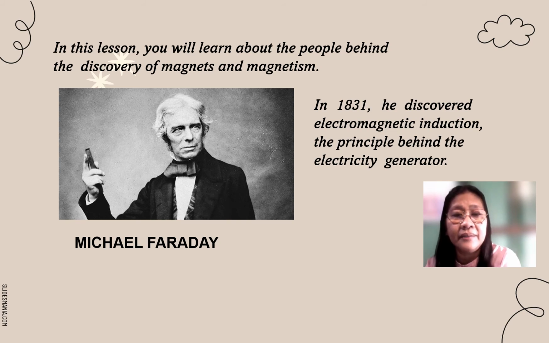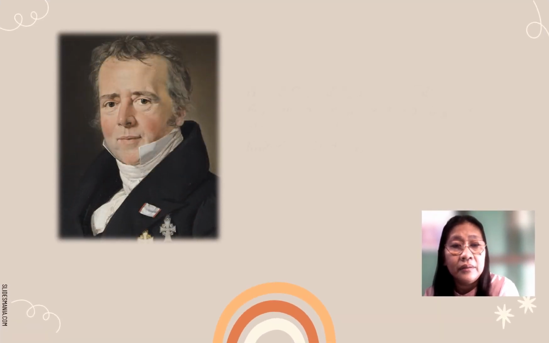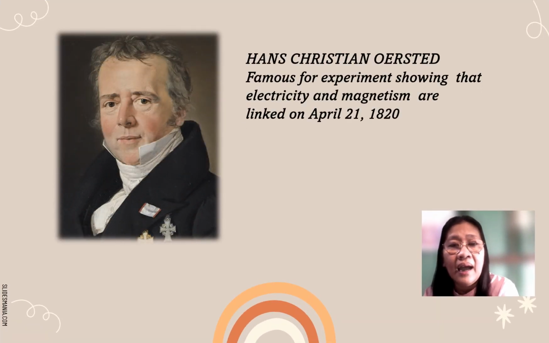Next is Hans Christian Ørsted. He is famous for experiments showing that electricity and magnetism are linked.